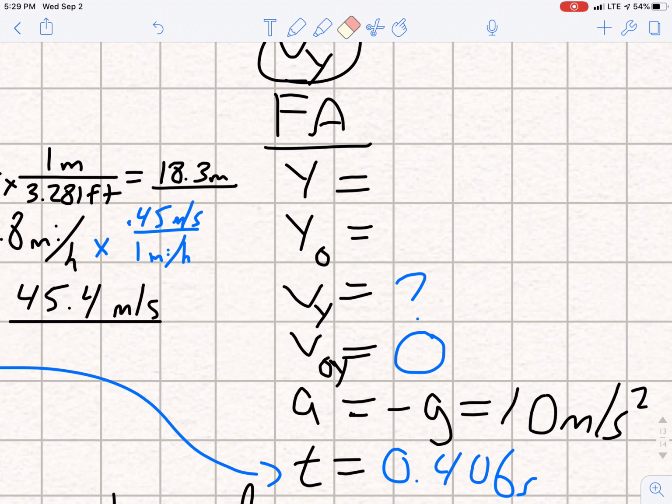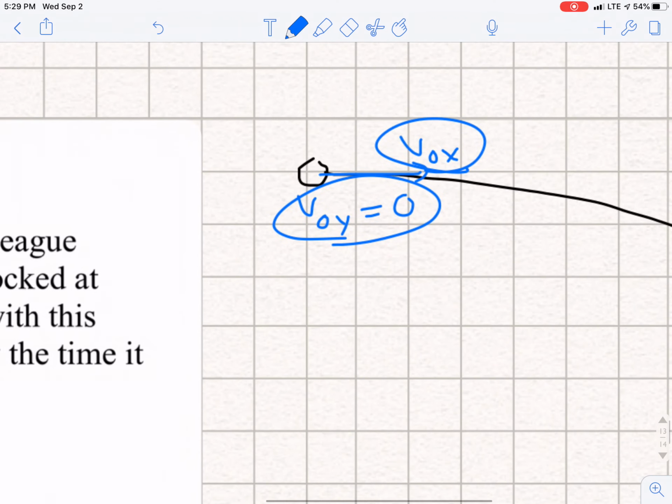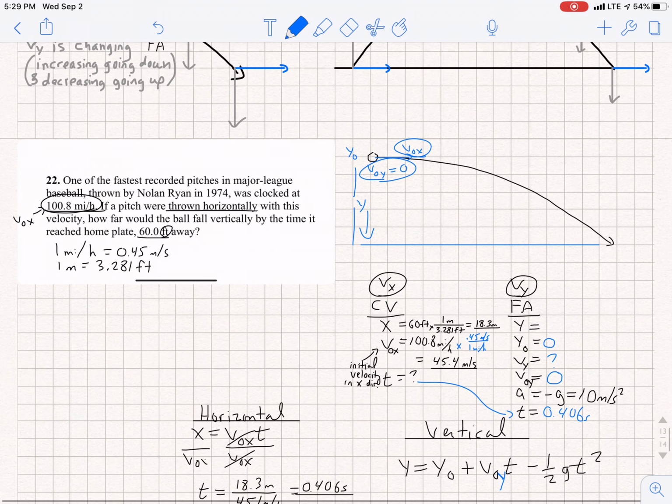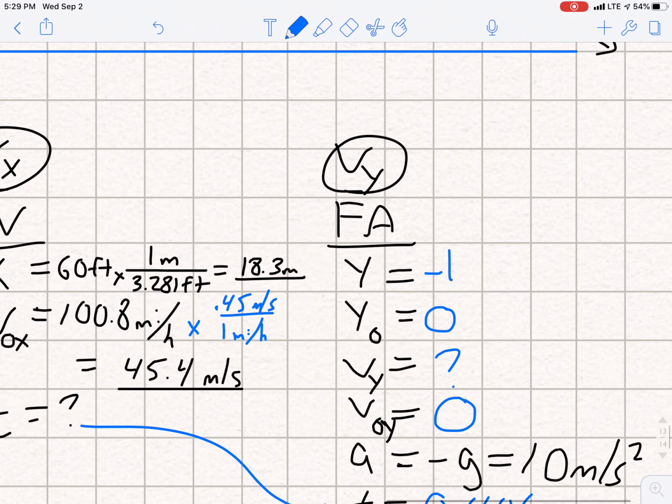So you kind of have to choose which way you're going to do it. I think this time I'm going to go ahead and call y naught equals 0. So if y naught is equal to 0, then this value here would be my y. And since I'm falling, it's a negative value. So y is going to be your negative height, basically.